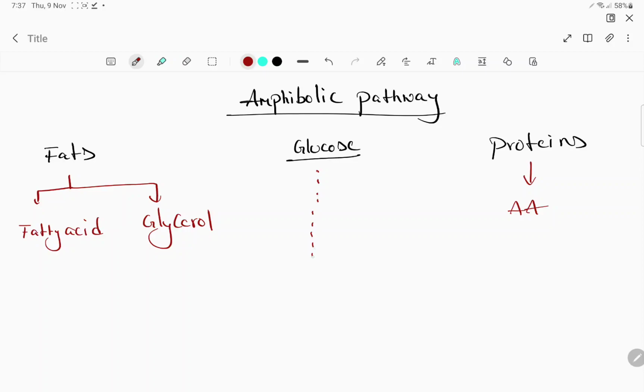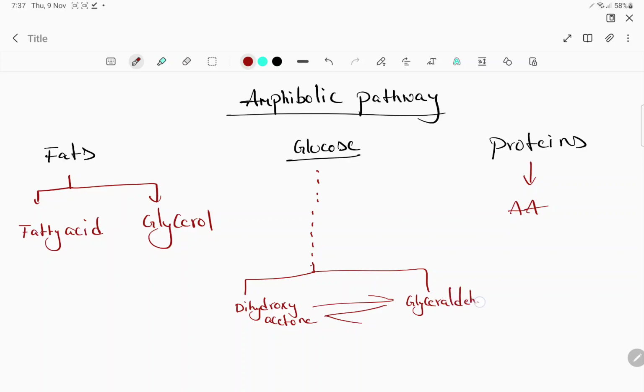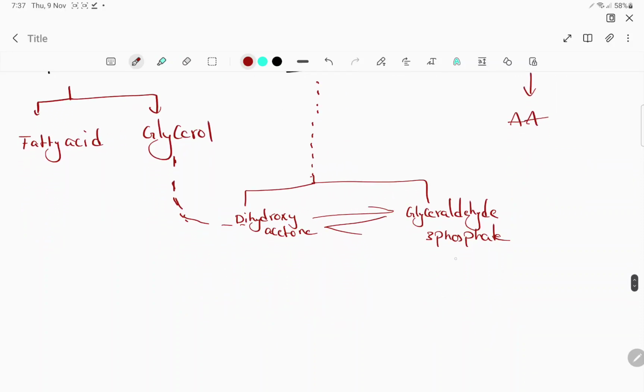Glucose forms, in the final steps, dihydroxyacetone, which will be converted to glyceraldehyde 3-phosphate. Glycerol will likewise be converted to dihydroxyacetone and then to glyceraldehyde 3-phosphate. Like that the reaction will happen.